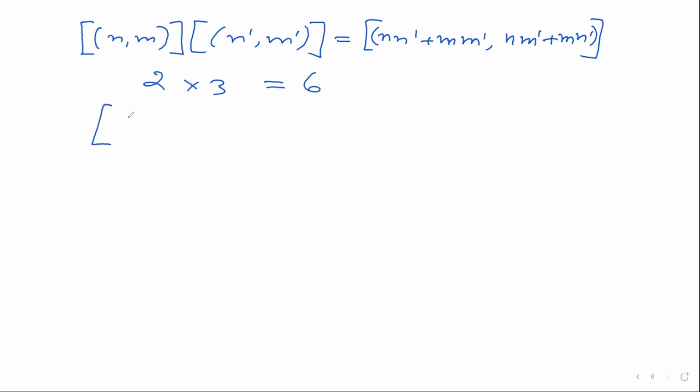So we will have, give me a pair representing 2. What is 2? The simplest one is 2, 0, isn't it?